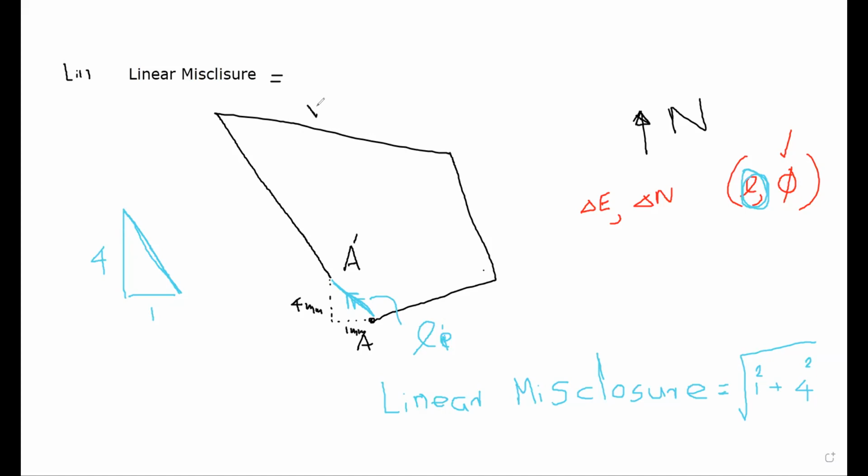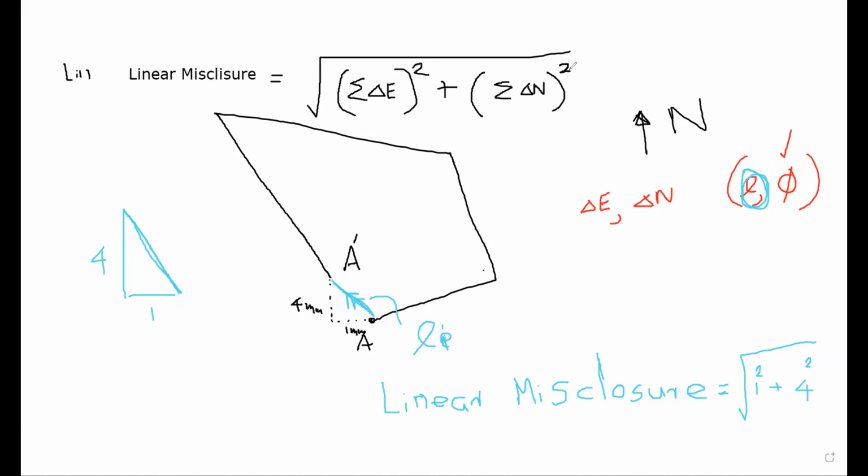Linear misclosure of a survey is equal to the square root of sigma delta E, that is the summation of delta E's, to the square, plus sigma delta N, the vertical component, to the square. We are using the Pythagoras theorem. So this is the general equation of linear misclosure.